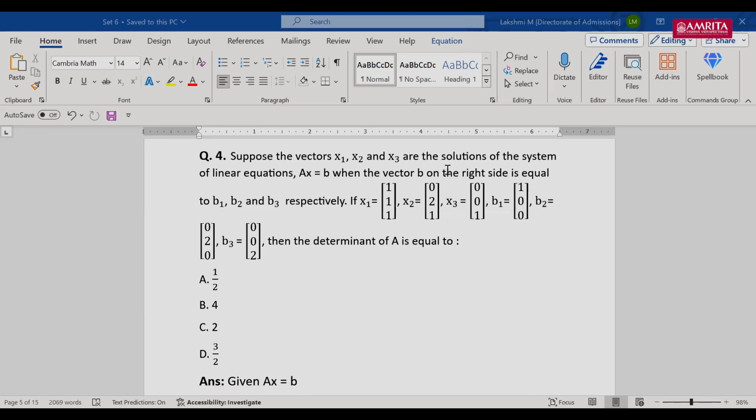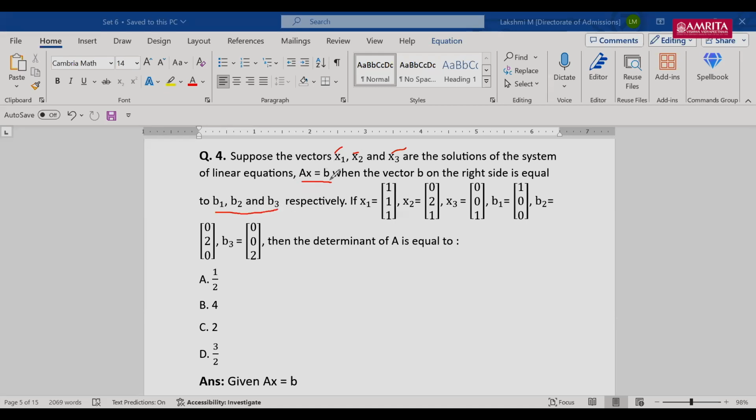Now coming to the next question. Suppose the vectors x1, x2 and x3 are the solutions of the system of linear equations Ax equal to b. They have given the form, where the vector b on the right side is equal to b1, b2, b3.